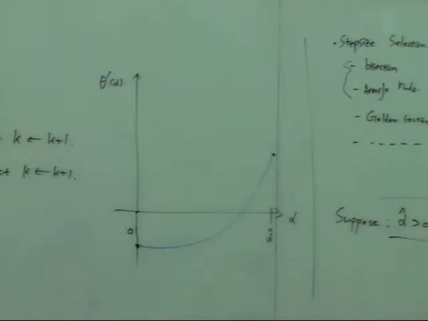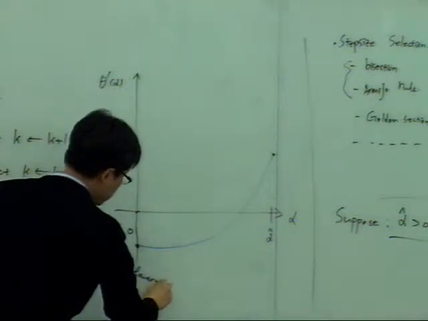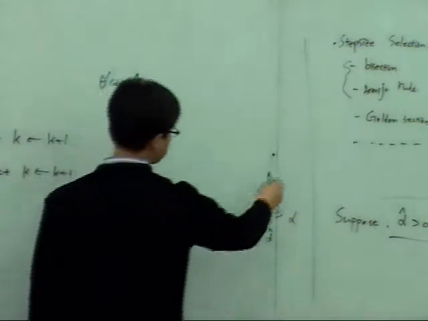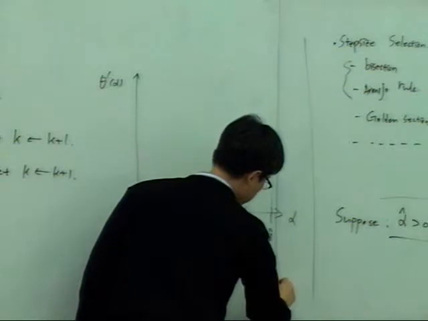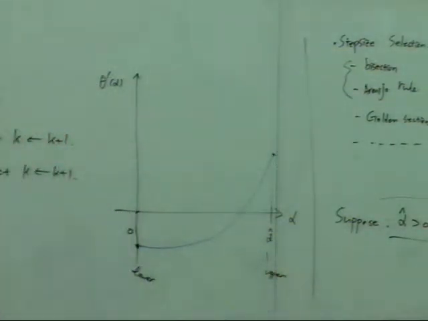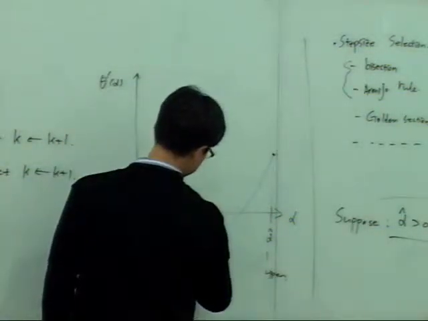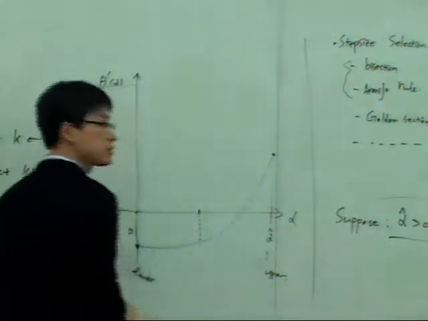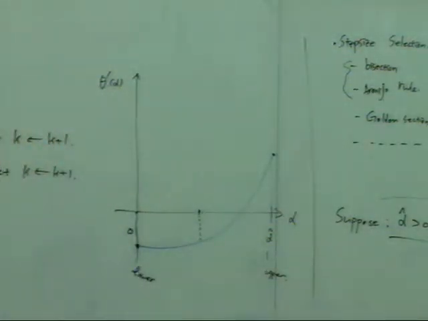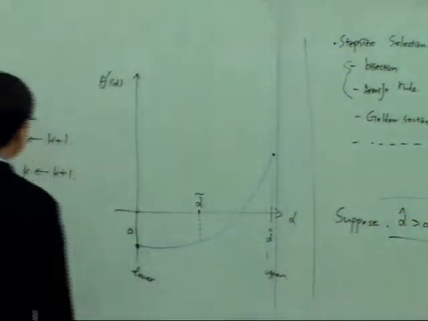First, this is your lower, and this is your upper. And you take the middle, half of this space. This is your first alpha tilde.